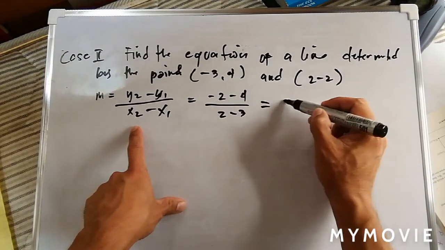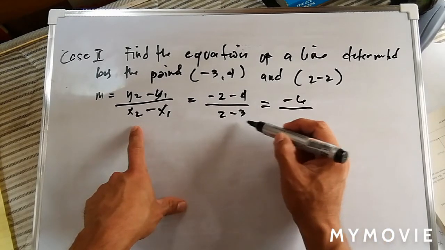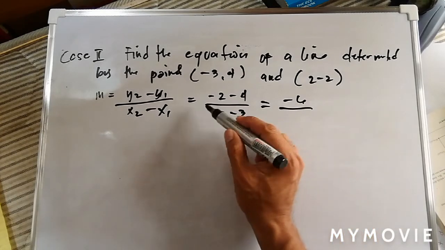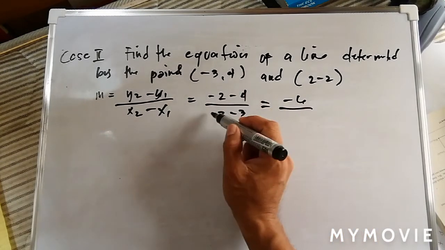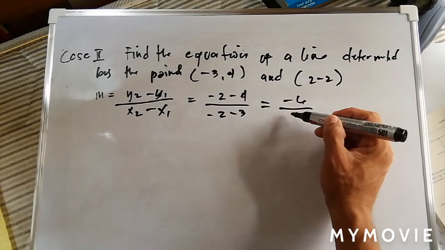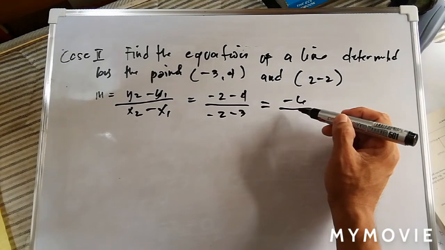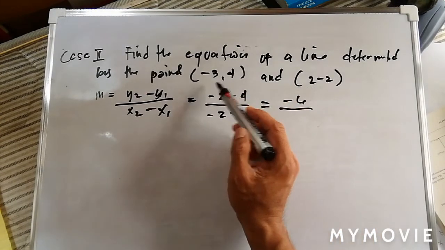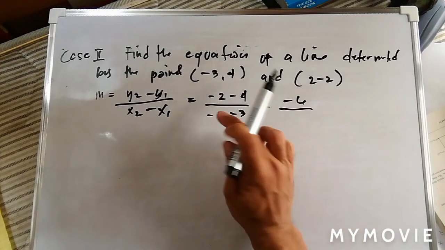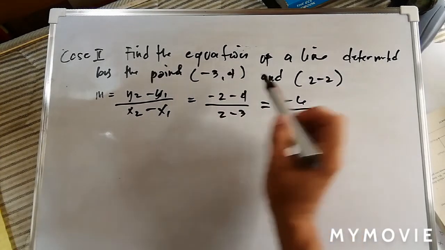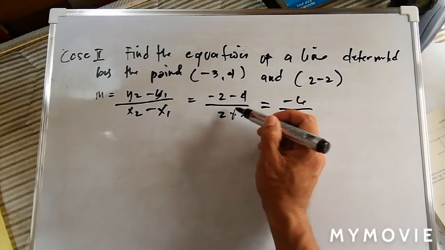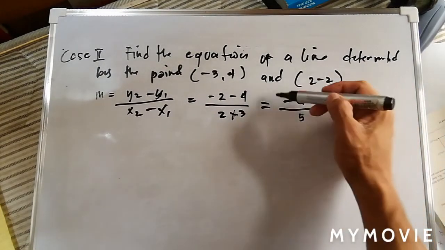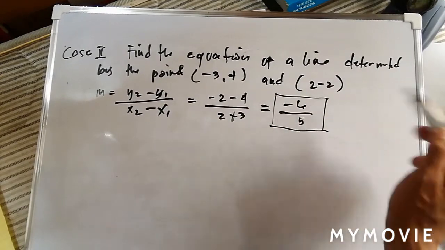That becomes positive, so it is 5. Our slope here is negative 6 over 5.